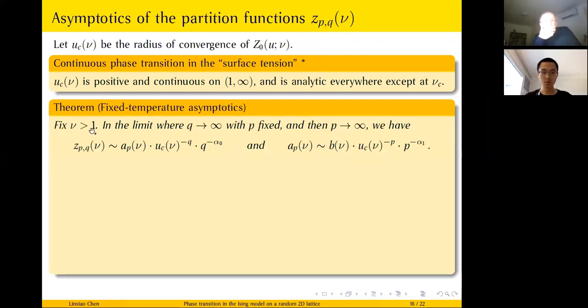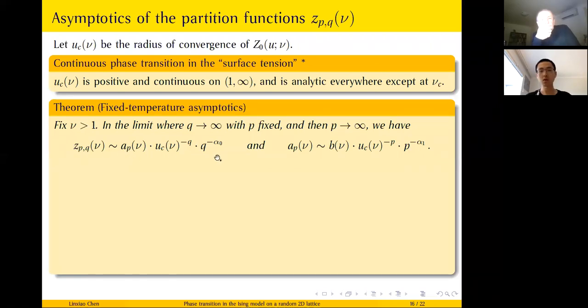And more precisely, if we look at the partition function Zpq of nu, so recall that t is fixed at Tc, so I no longer write it. And when q goes to infinity for some fixed value of p, and then p goes to infinity, so I'm taking two consecutive limits, then we have the following asymptotic of the partition function.